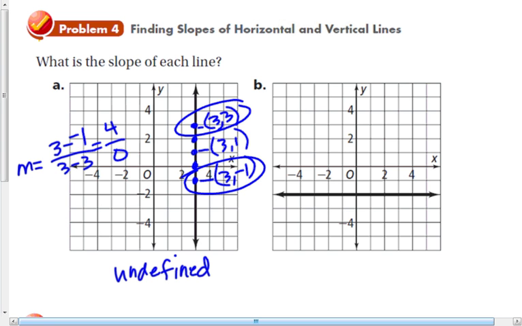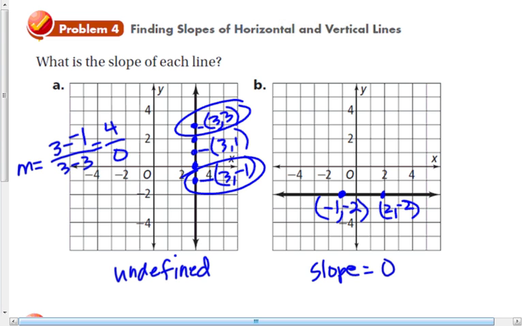Okay? Now, if we want to find the slope of a line that's horizontal, one way I think of this is it's a flat line, there's no slope, so the slope is 0. But if you were to label a couple points here, so this point is negative 1, negative 2, and this point is 2, negative 2.